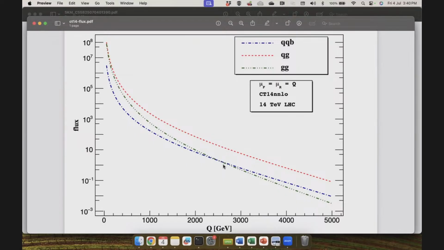If you see the events around this region, the partonic soft plus virtual corrections are not negligible. But the partonic regular corrections are simply finite and they are suppressed by these fused parton fluxes. That is the reason: though parton fluxes may not be large, the partonic coefficient functions are becoming very large in the z equal to 1 case.